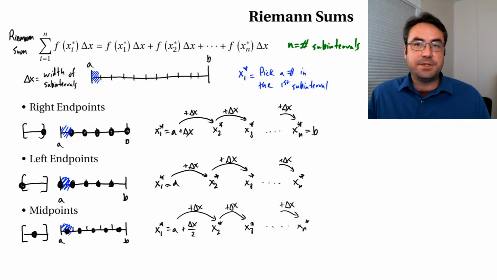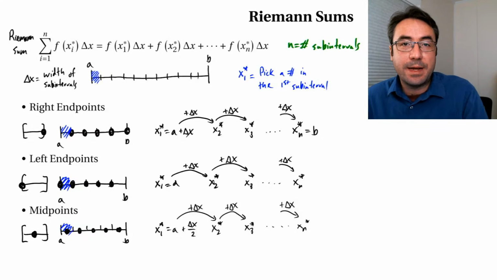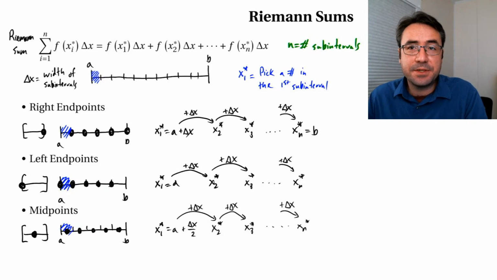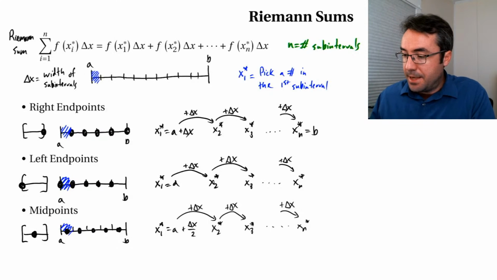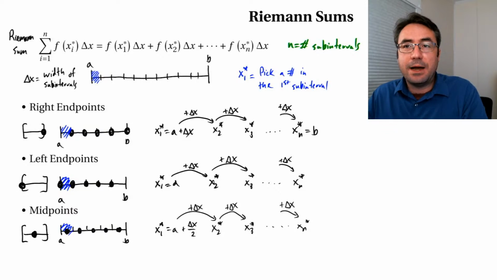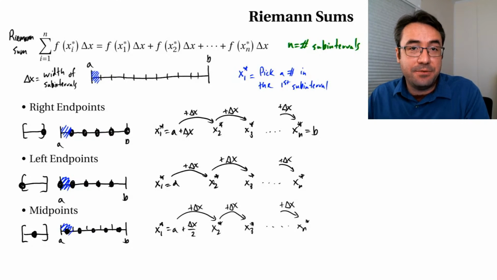So we're going to see how to use these right or left or midpoints in Riemann sum calculations in a second. But why this Riemann sum notation is helpful is because it's going to allow us to generalize this for large n values.